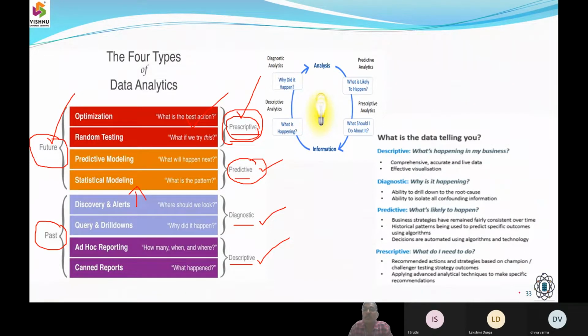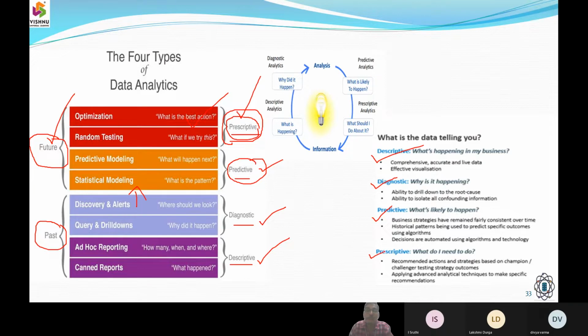The first one: what was the data telling, what happened in my business? We call this the descriptive mode. Second: will it happen again? We identify the trends, and we call it diagnostics. Then, when will it occur next time? We call that predictive.